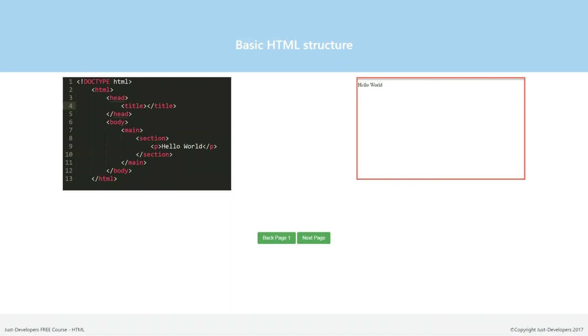As you can see, I've got, for example, a paragraph with hello world, and it just displays hello world. It doesn't display the paragraph tags. So the tags tell the browser that we want to display HTML, but we don't want to display the tags, only what's within those tags. Again, I'll post some links up about those, and you can read up and go into more depth if you really want to.